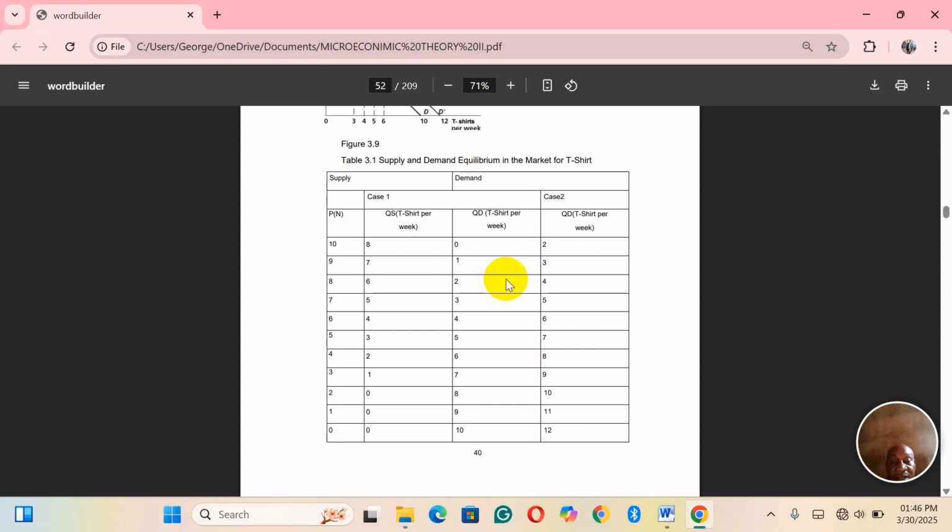And at 8, the quantity supplied was 6, the quantity demanded was 2, so we have 4 there. Then we have them like that, until when the price was 0, the quantity supplied was 0, quantity demanded was 10, and the total quantity per week is 12.